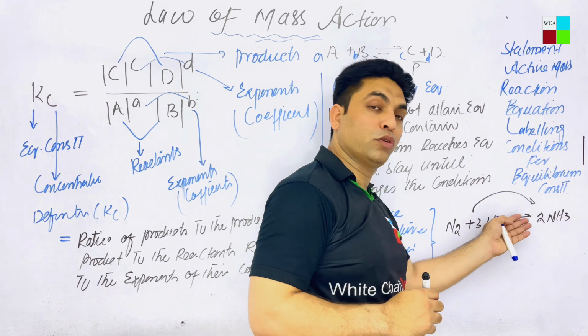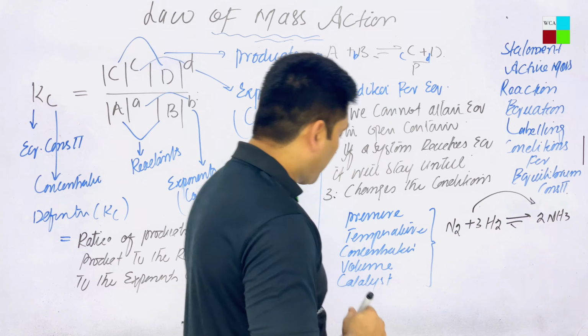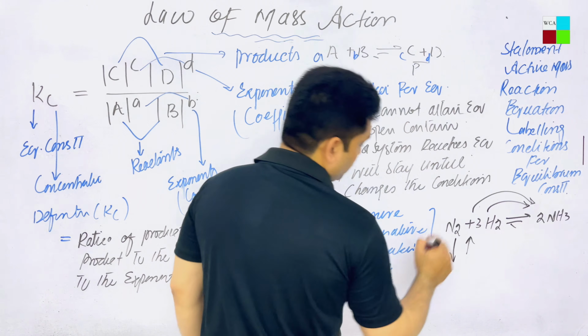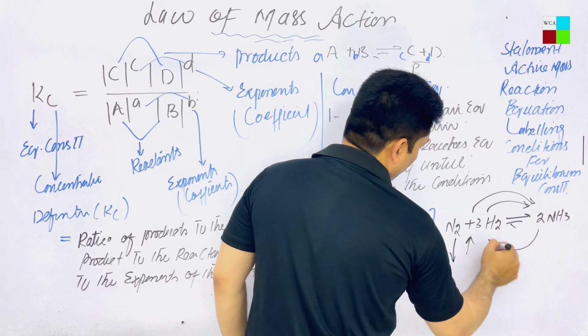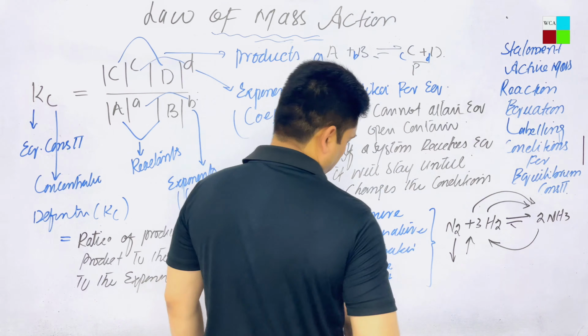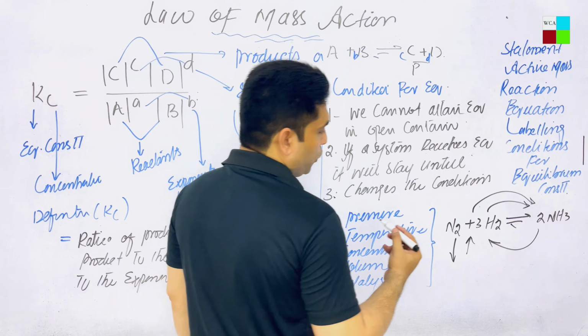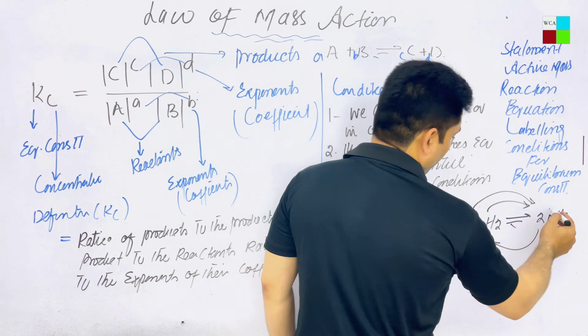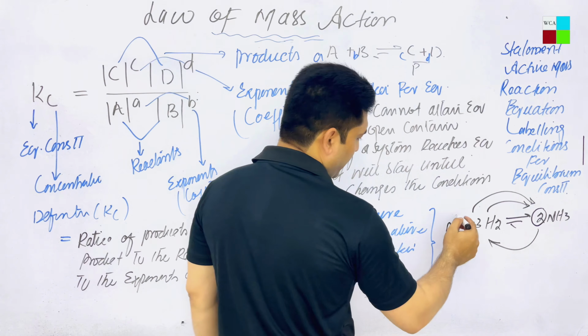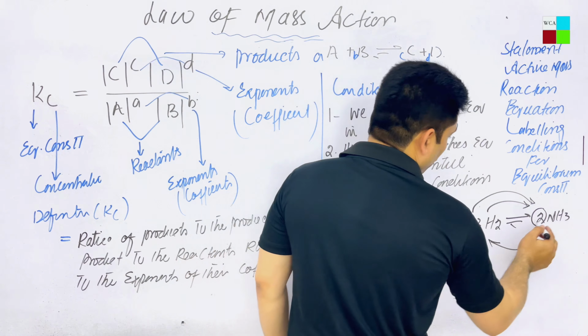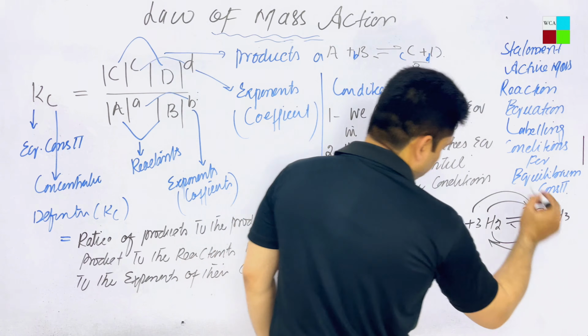In case of exothermic, the reaction will move in the backward direction. The third one is concentration. If we increase the concentration on this side, the reaction will move to this side. If we decrease the concentration on this side, the reaction will move to this side, and vice versa. Volume. If we increase the volume, the reaction will move in the direction where the volume is lesser as compared to the other side. So here 1 and 3, there 2. So the reaction will move in this direction.